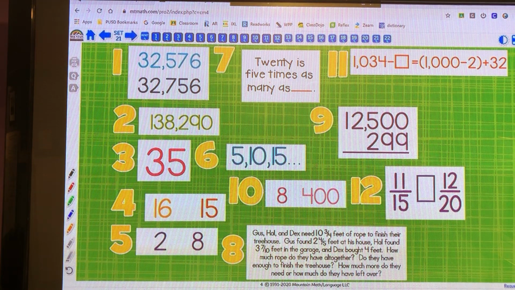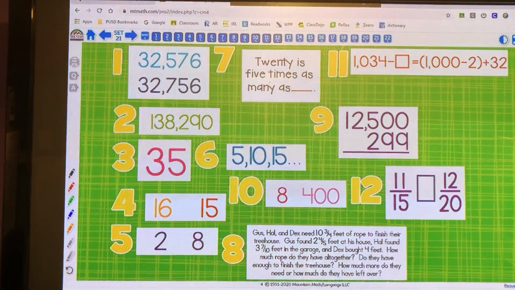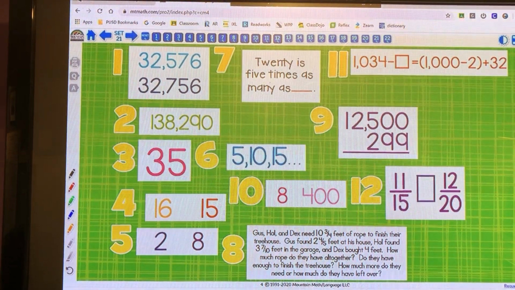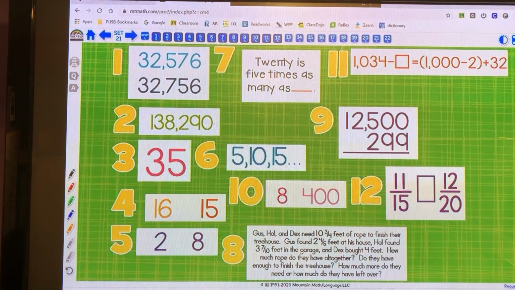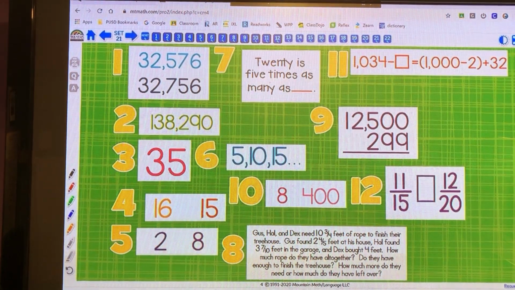After underlining the questions, you can start to solve by putting boxes around any clue words. The clue words in this case would be Gus and Hal and Dex and what they have. So Gus has 2 4/5 bits of rope.